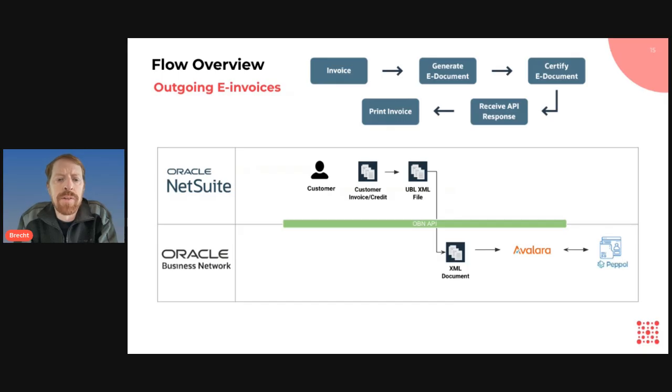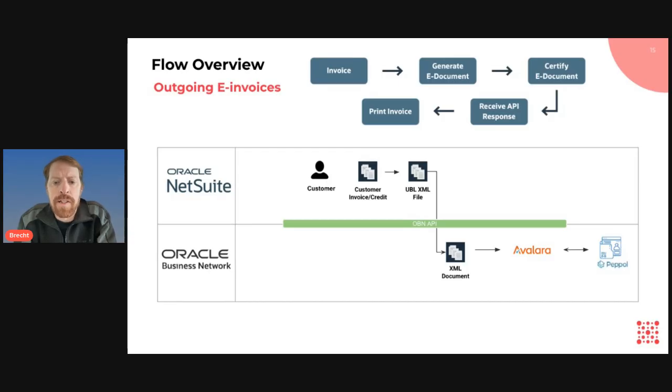If we think about outgoing e-invoices, it starts with a customer where you create an invoice, and you have to generate that e-document, which for Belgium becomes a UBL XML file that then needs to be certified. Certified in this scenario means that we send it to the OBN, the Oracle Business Network, which will then use Avalara to send it to PEPPOL and get any responses back, which will also be communicated back to NetSuite.